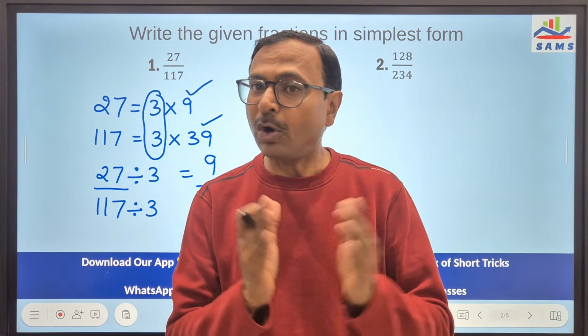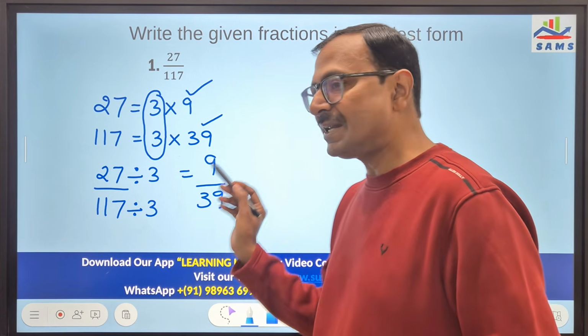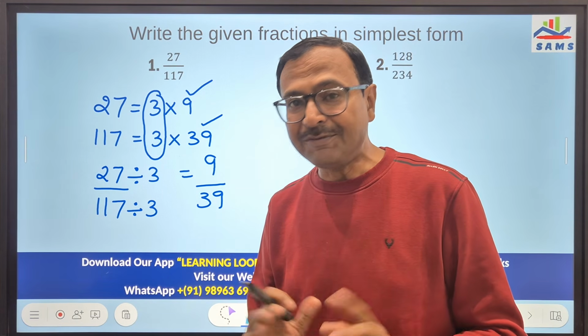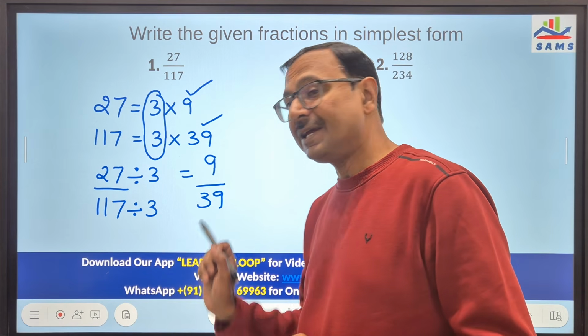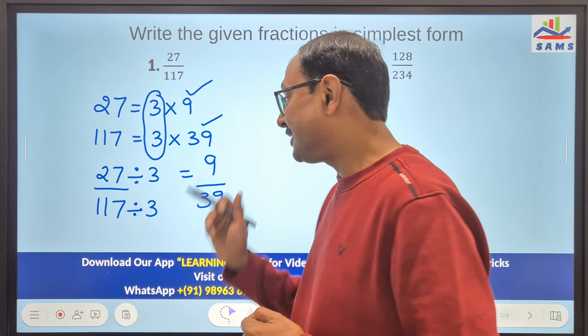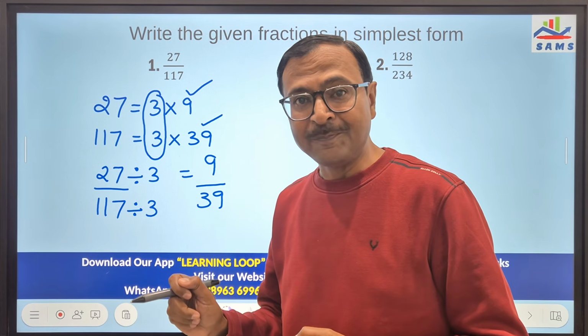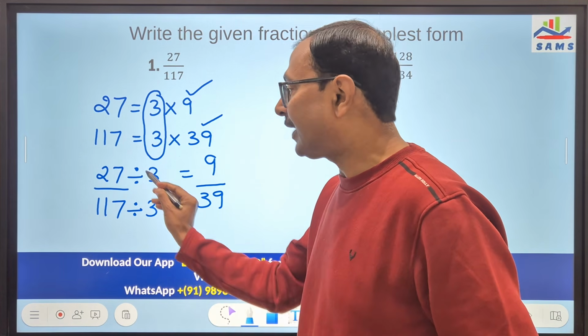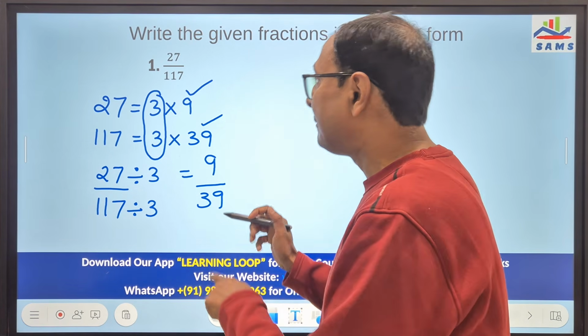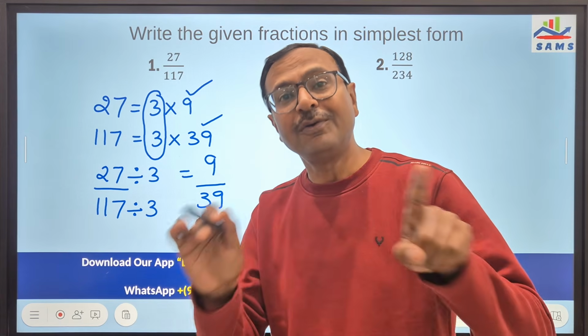Do they go into some common number? 9 obviously is divisible by 3, right? But 39, can we check that? 9 plus 3 is 12, and 12 again goes into 3, and that means there is yet another common factor. So I found the common factor, but I did not find the highest common factor. That is why this fraction can be reduced further.